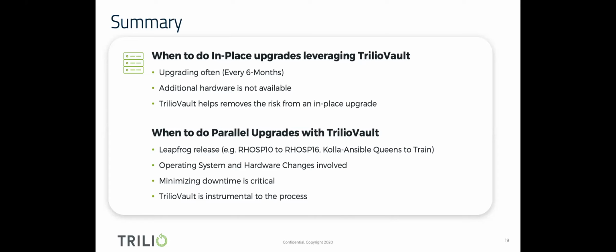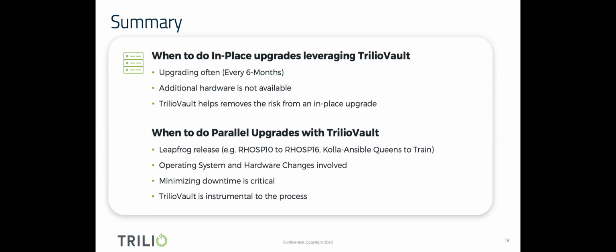But we certainly are there to protect those workloads. And again, just to reiterate, TrilioVault protects those workloads. We don't back up OpenStack. We back up those things that are much more important. It's the users' workloads, the virtual machines, the data that runs those financial databases. We back all that up so you can recover them into your upgraded OpenStack environment if things go wrong in an in-place upgrade.